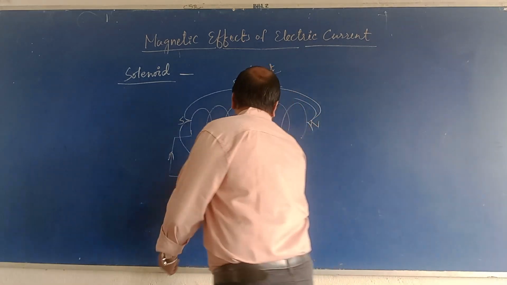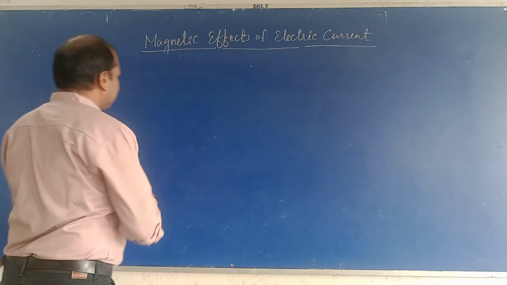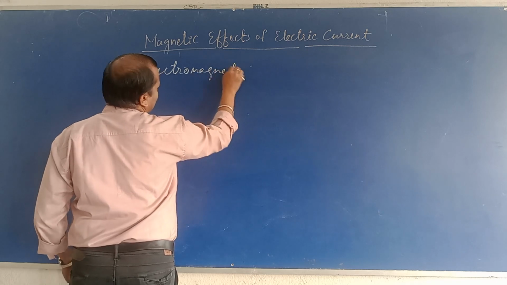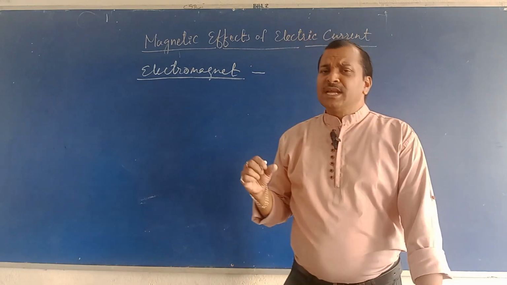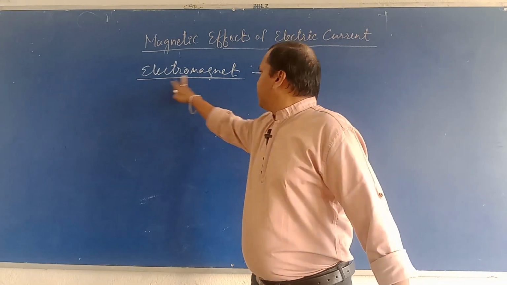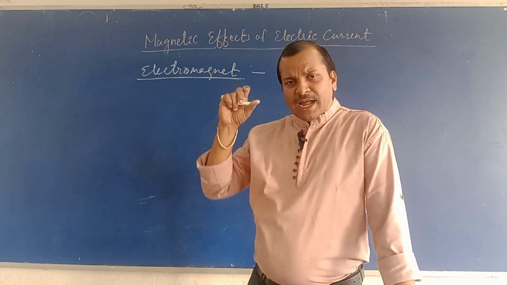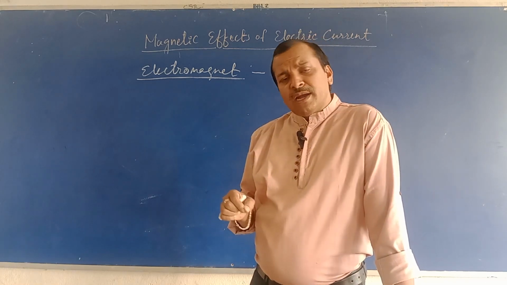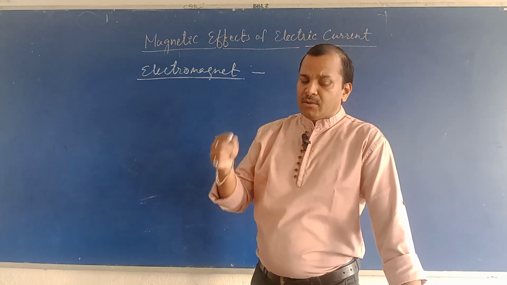Now we will discuss the electromagnet. What is an electromagnet? An electromagnet is actually a temporary magnet. Electricity plus magnet, electromagnet: when electricity passes through it, it acts like a magnet, so it is called an electromagnet. It is a soft iron core with a coil wound around it.